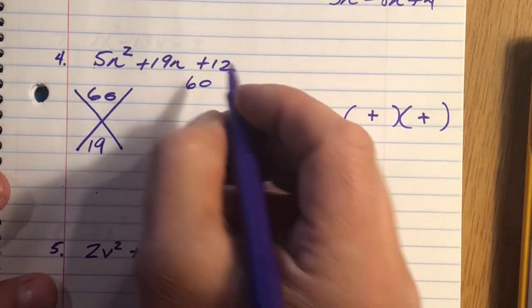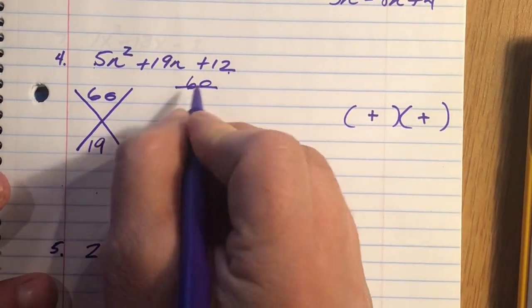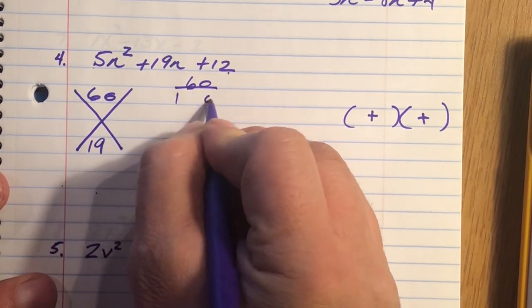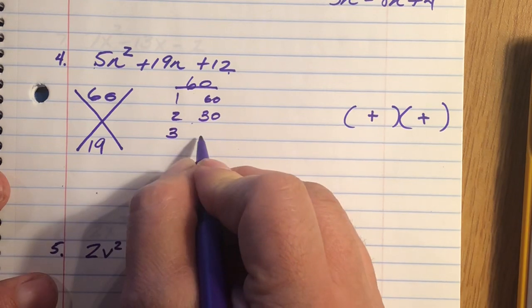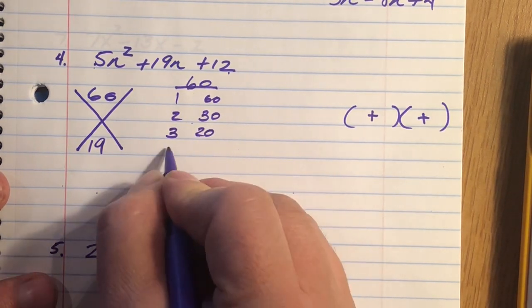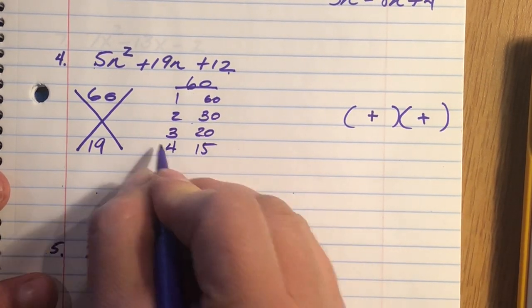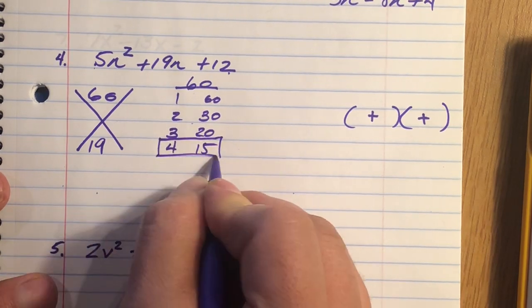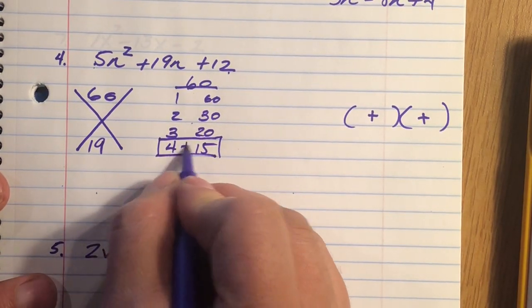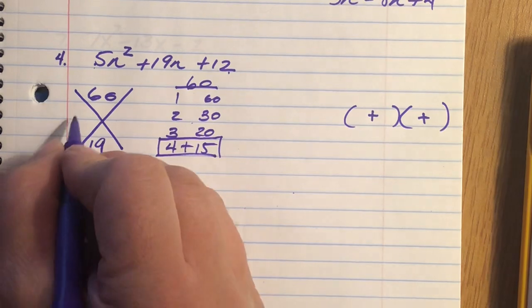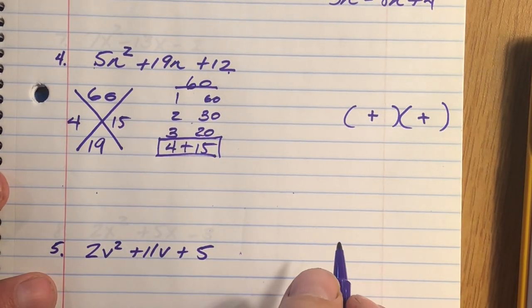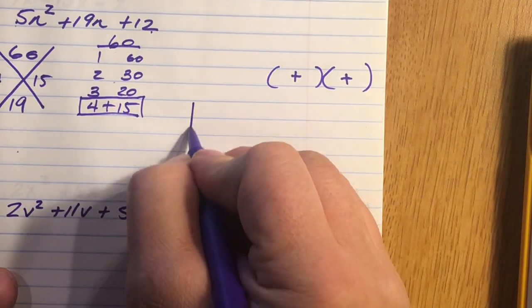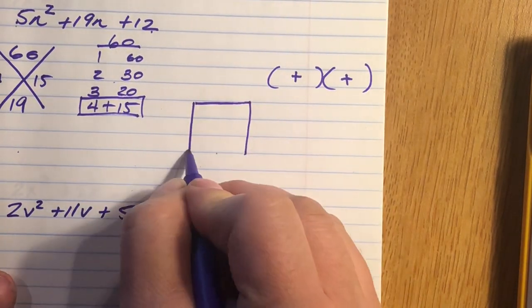So let's start listing them, because this one doesn't pop out to me. 1 and 60, 2 and 30, 3 and 20, 4 and 15. Well, there we go. We're trying to get two numbers that add up to 19. There you go, 4 and 15. All right, go back over here. I'm going to use the box.